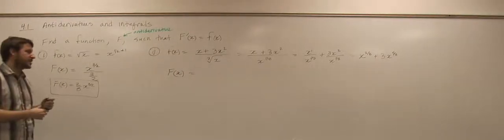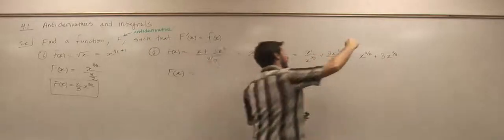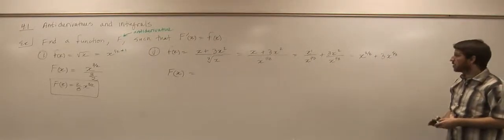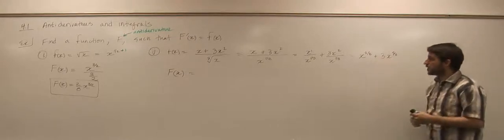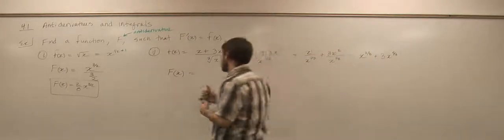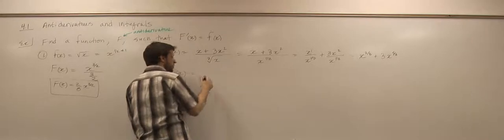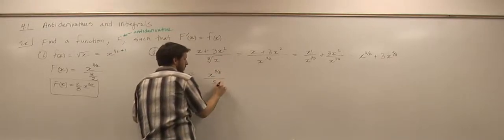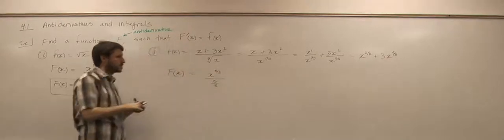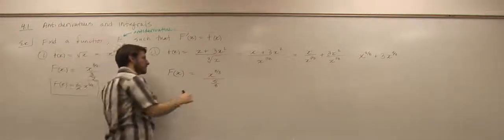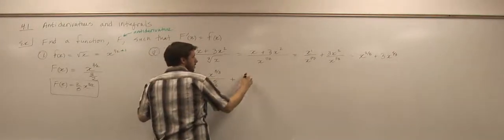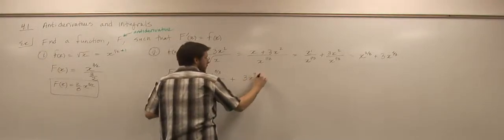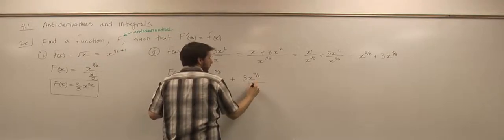So now I do the antiderivative, which says add 1 to the power and divide by the result. So if you add 1 to 2/3, you add 3/3, so it becomes 5/3 over 5/3, plus 3x to the 8/3, because you add 1 to the power, over 8/3.